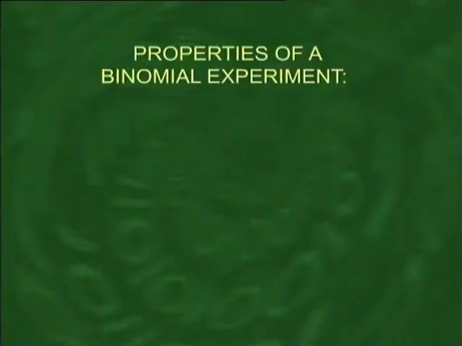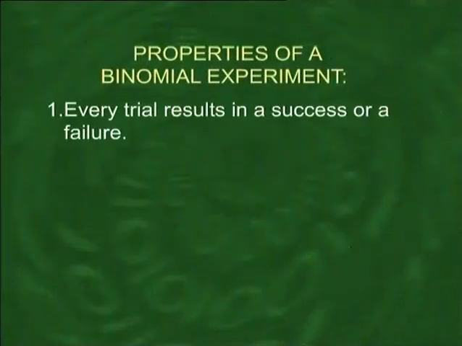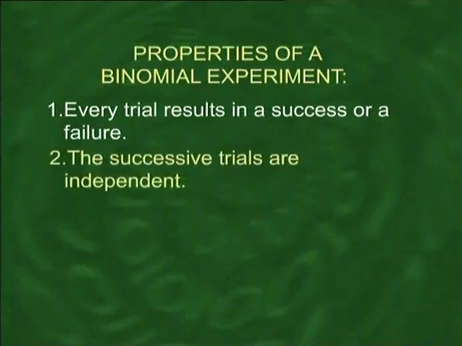Formally speaking, a binomial experiment is that experiment which satisfies the following 4 conditions. Number 1, every trial results in either a success or a failure. Number 2, every trial is independent of every other trial.